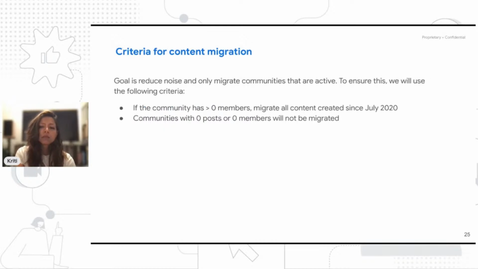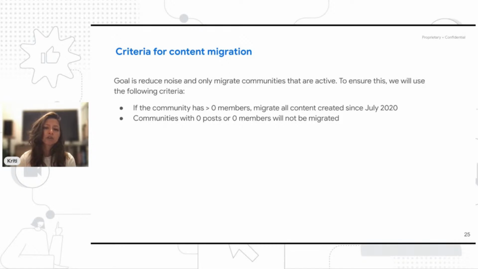When we looked at the data that is to be migrated from Currents to Spaces, we also noticed that there are a lot of communities that have been inactive or don't really have any members. So we decided to reduce the noise as part of the migration. If you have communities that haven't been active since July 2020, essentially they have had no posts since July 2020, those communities will not be migrated.